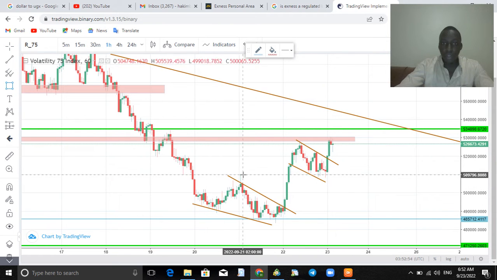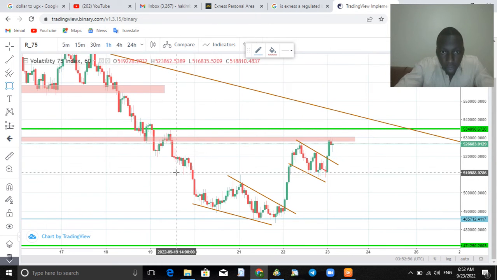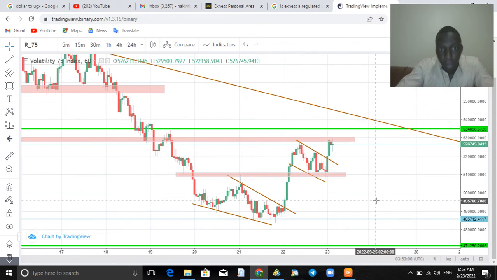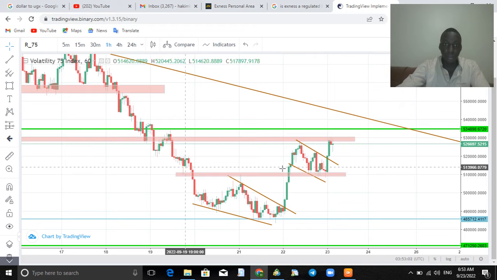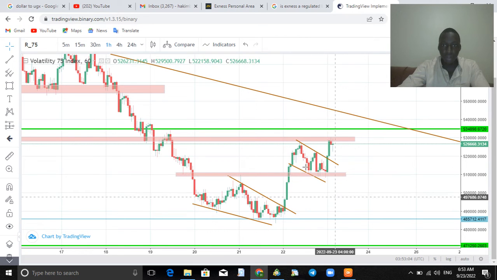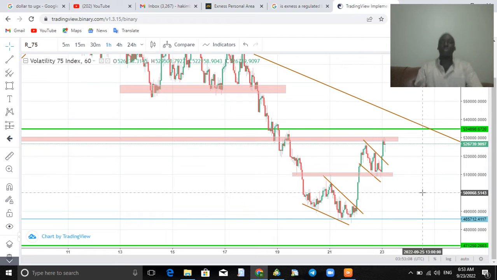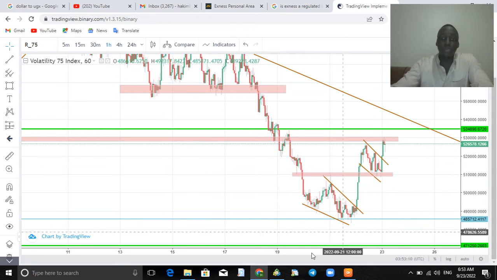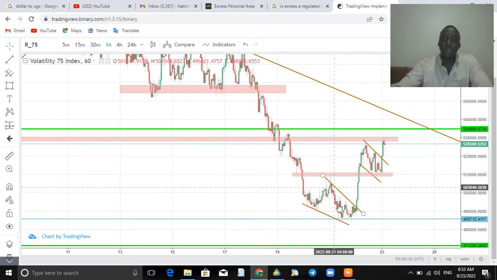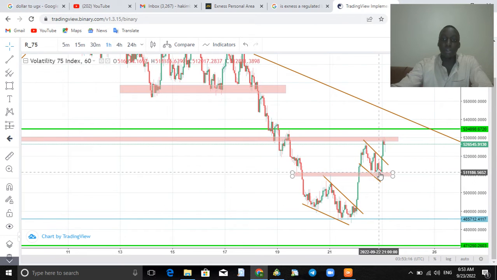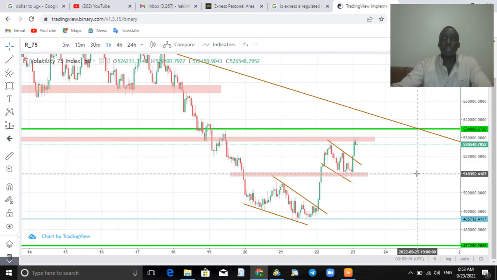Now these weak rejections were obviously being supported by this minor zone. We had a weak rejection here, another weak rejection here. So this is a sort of double bottom formation. Prices broke up this resistance, came back to retest before we shot back to the upside.